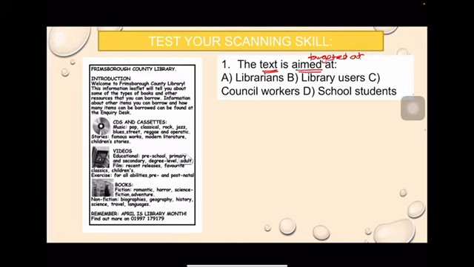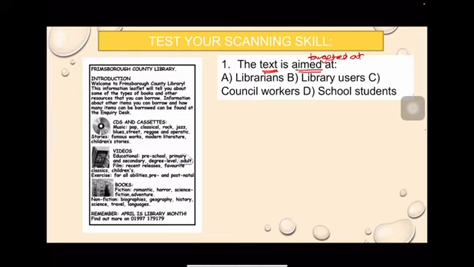They gave it to who? Why do they write this? Or why do they have this kind of leaflet? Do they give it to the librarian? Less likely, because the librarian is supposed to give us the information. So here we are referring to other people, perhaps the library users.